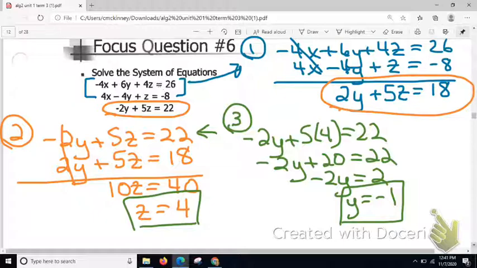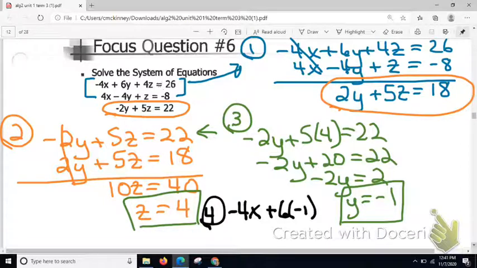So my step 4 here is going to be negative 4x plus 6 times negative 1 plus 4 times 4, since that's what z is, equal to 26. I'm going to do a little adjusting here.